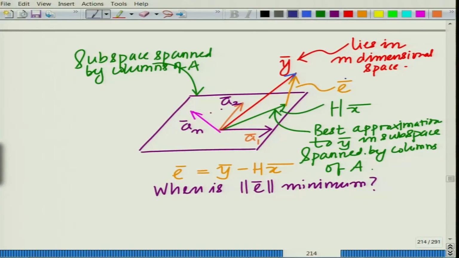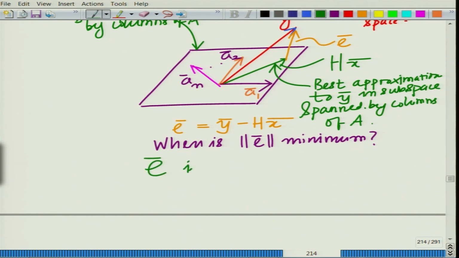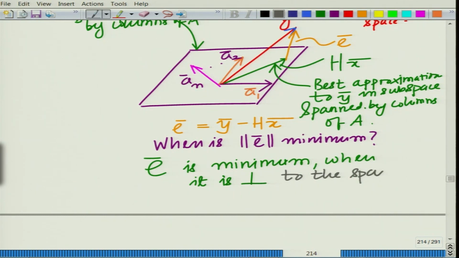The intuition here is E bar is minimum when it is perpendicular to the span of the columns of A. So, the error is minimum when it is perpendicular to this n-dimensional subspace that is spanned by the columns of A. And remember, the columns of A are the basis of that subspace.